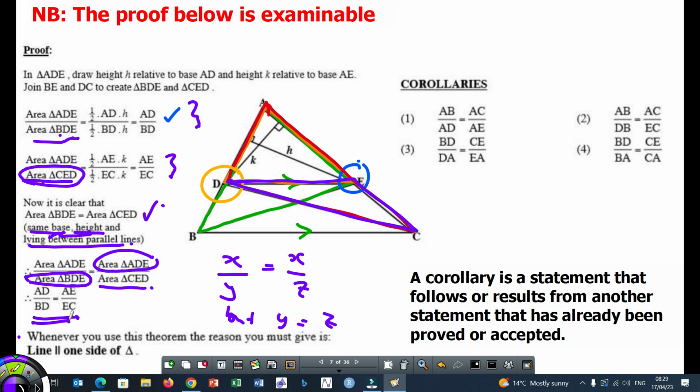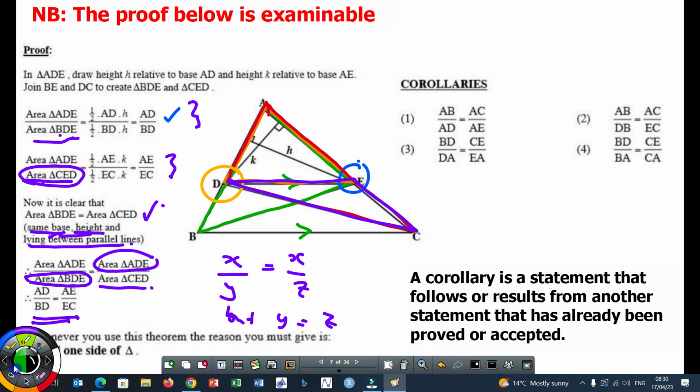Yes? I just have one question. So AD and BD are both bases, right? So how do you know you're using those two triangles down there? Okay, remember this ratio here is based on the bases of the two triangles.